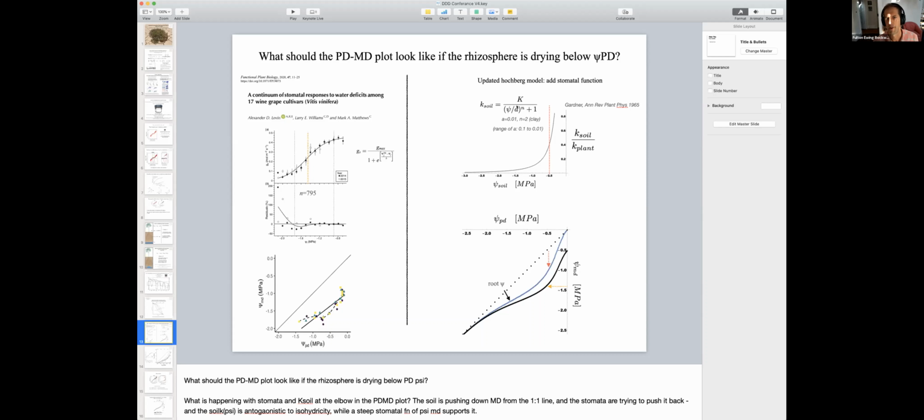So just to say, this parameter A, if you make it bigger, let's see if I got this right, you get more anisohydric. Basically the soil stays closer to this and you have more anisohydric behavior. If you make it smaller, then everything gets pushed to the right and your plant basically just can't keep its stomata open.